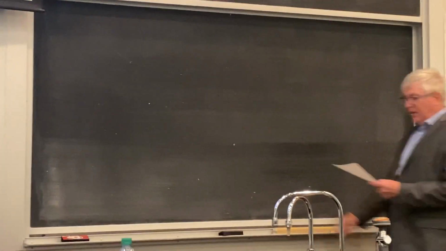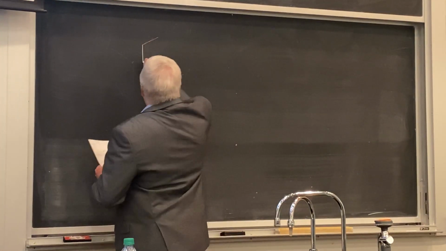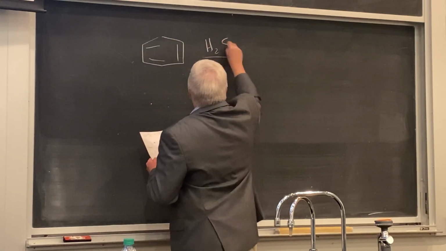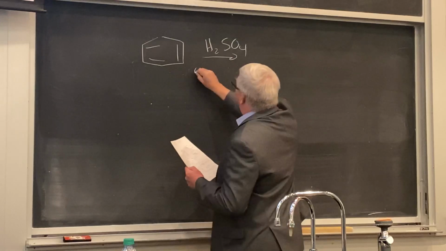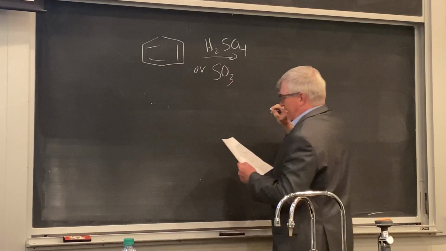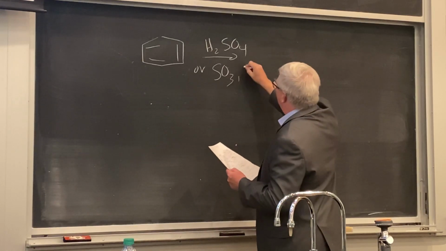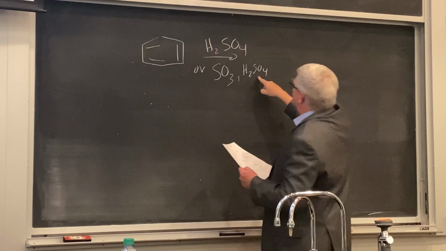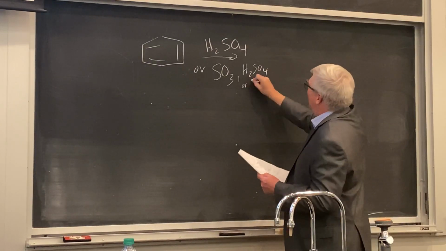And stay on the same board there. Sulfonation. We're going to take benzene again. Different reagent now. It's just sulfuric acid or sulfur trioxide and acid. And the acid can be more sulfuric acid or it can be HCl.